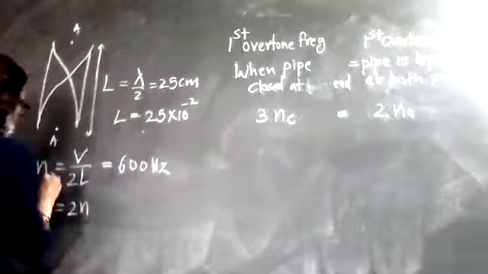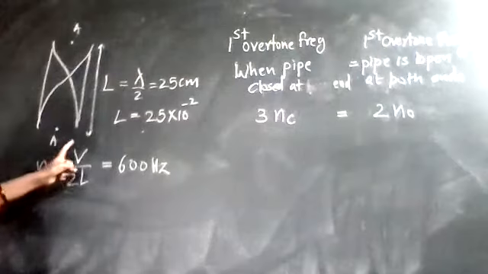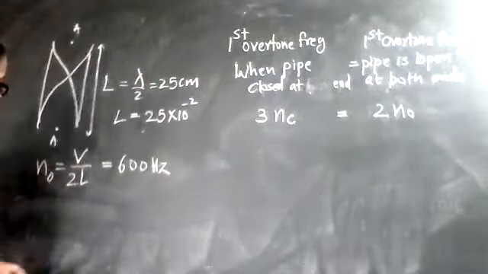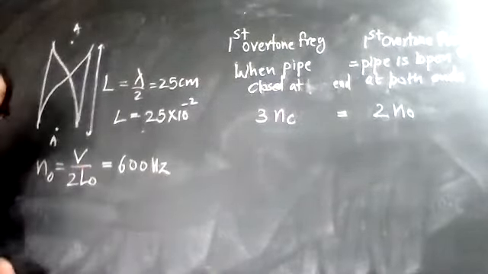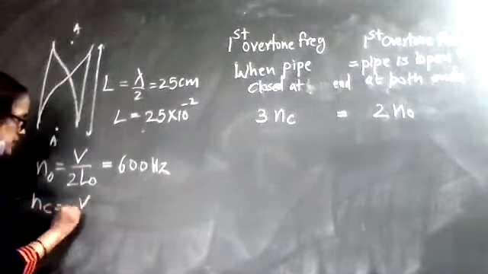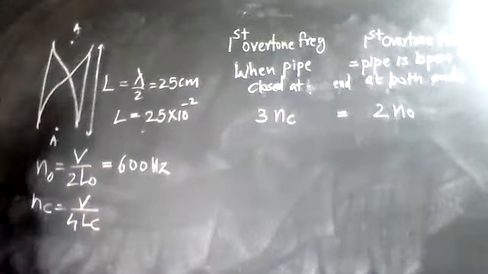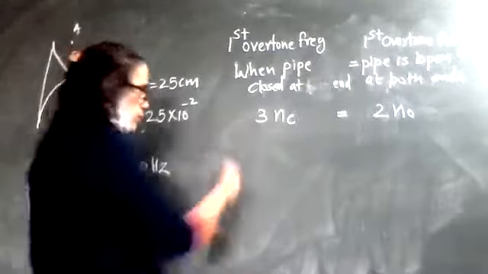Now when the pipe is open at both the ends, your fundamental frequency is what? N0 is equal to V by 2 L0. And when the pipe is closed at one end, its fundamental frequency is V upon 4 LC. Now I am going to add the corresponding values here.